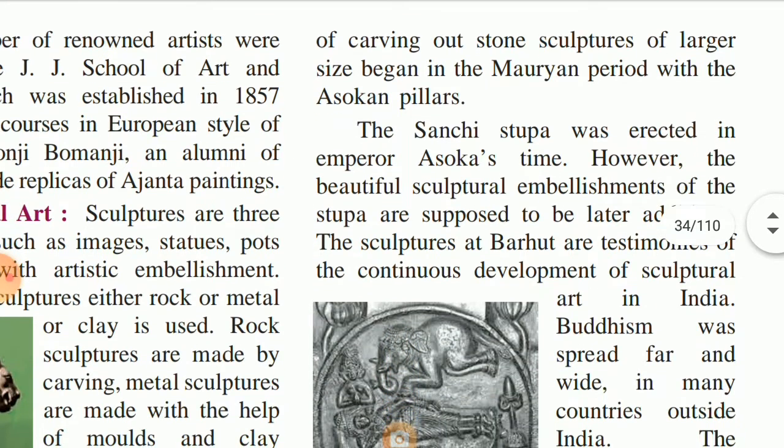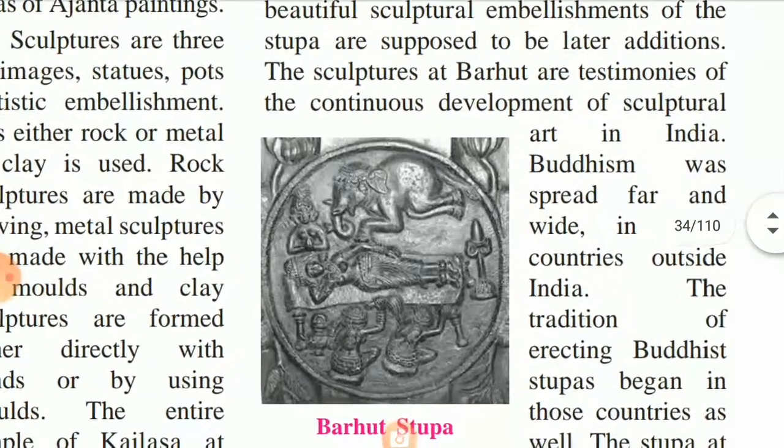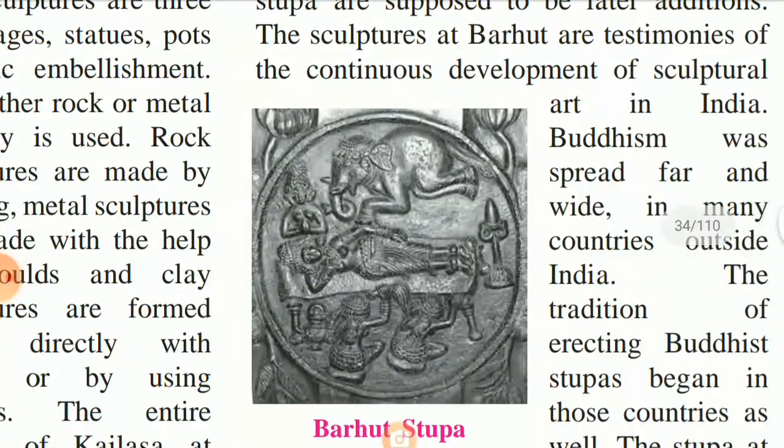The sculptures at Barhut are testimonies of the continuous development of sculptural art in India. So we can have a look at this Barhut stupa. One of the sculptures is given there.